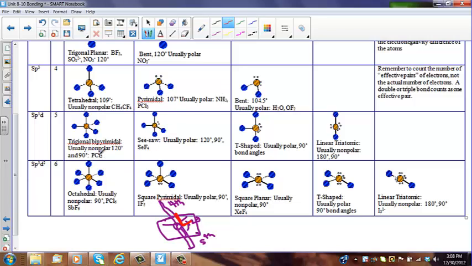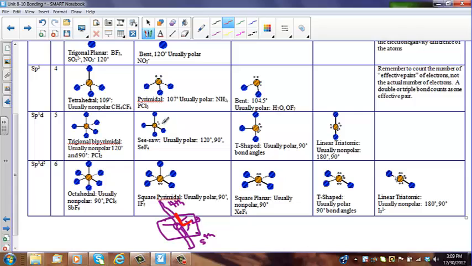This is called trigonal bipyramidal. So trigonal because you have three in the middle, bipyramidal because you've got a top and a bottom of the pyramid, 120 and 90 degrees. And I just explained that the three that are in the plane are 120 degrees, and the fourth and fifth, or the north and south atom, is at 90 degrees to the plane.